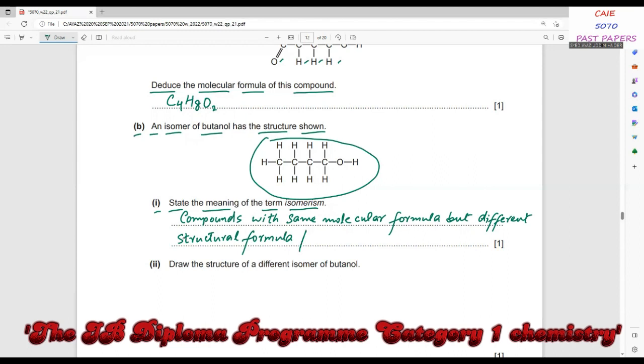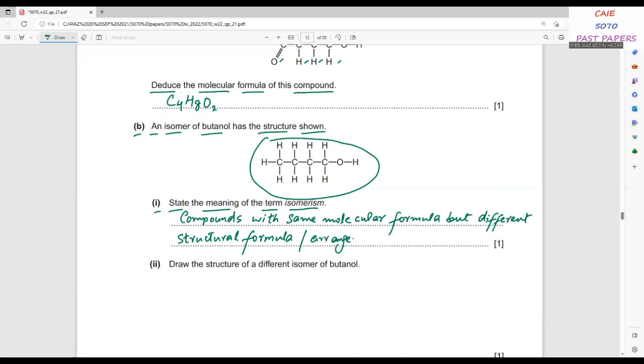You can even refer to it as a different arrangement of atoms.